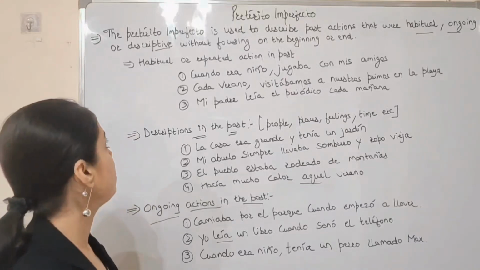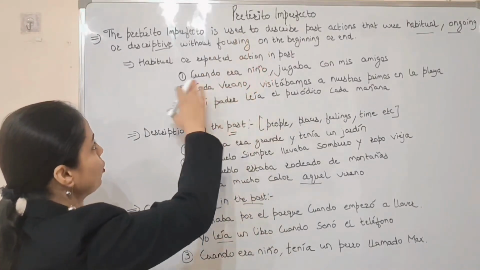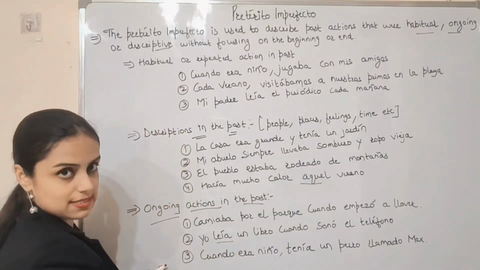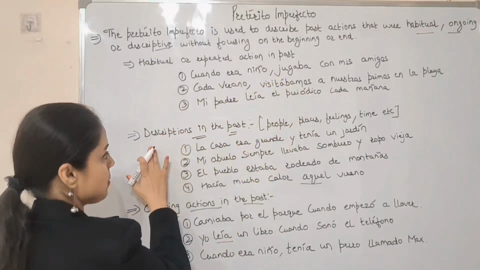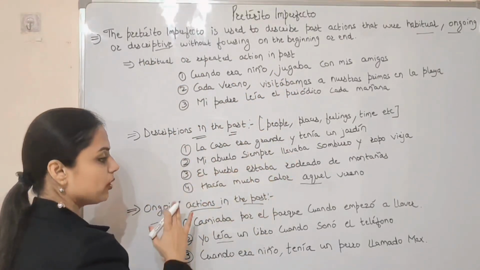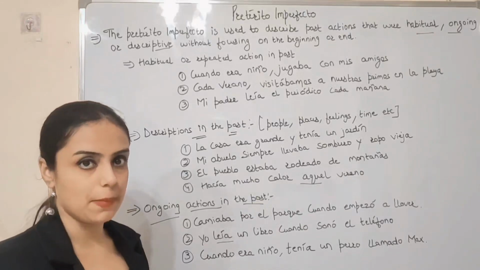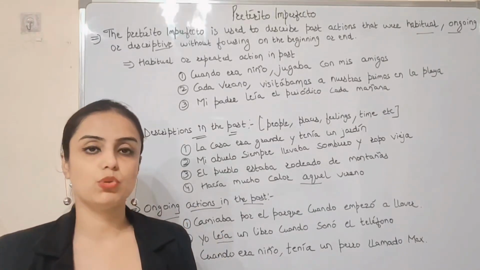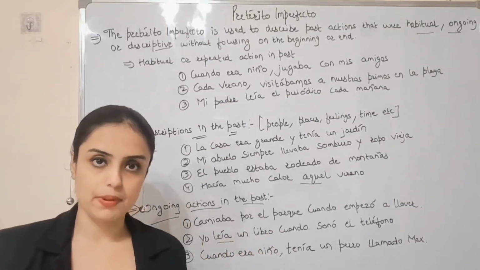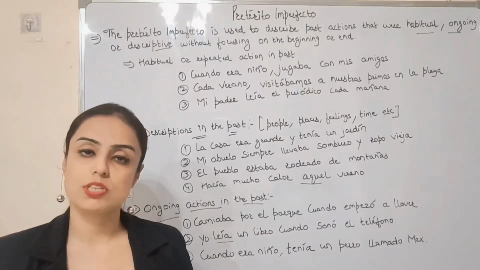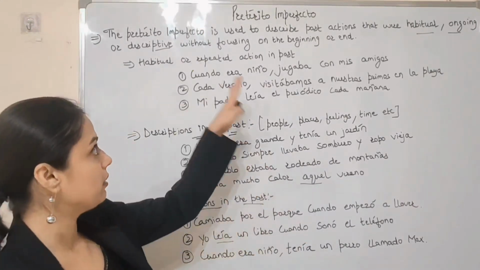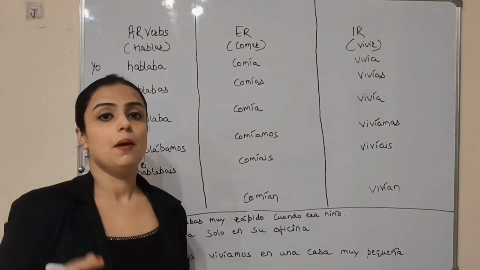Vale? So we are using Pretérito Imperfecto in these three circumstances. The first is habitual or repeated action in the past, descriptions in the past, and ongoing actions in the past. Now I will explain you the conjugations with the help of examples, and in my upcoming session I will explain you the concept of irregular verbs in Pretérito Imperfecto.